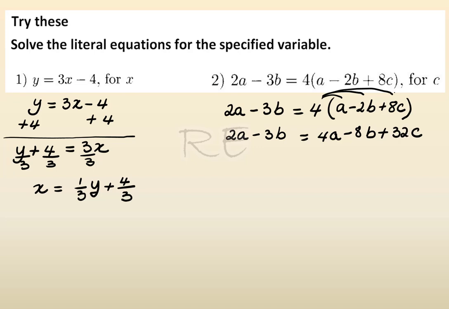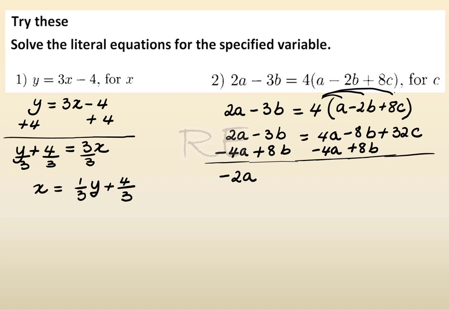We're going to transpose 4a and negative 8b. First, we add negative 4a to both sides. Then we add 8b to both sides. 2a minus 4a, negative 2a.